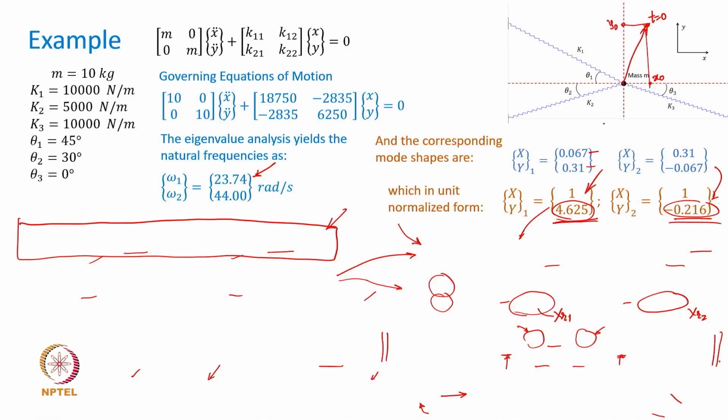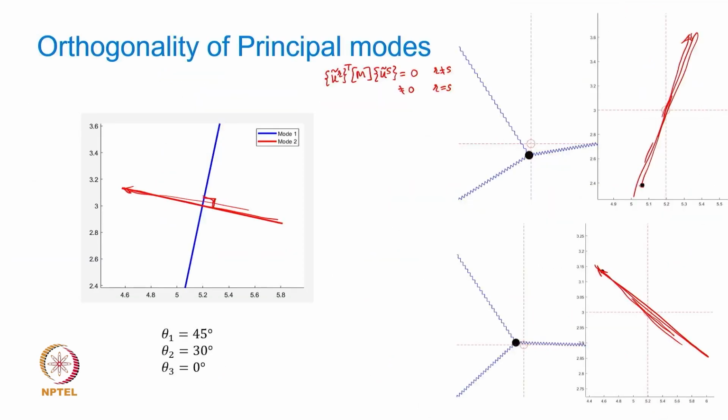You can show that this line along which the first mode executes and the second line along which the second mode executes will be orthogonal to each other. One can consider this to be a geometric representation of what actually is meant by the orthogonality of principal modes.